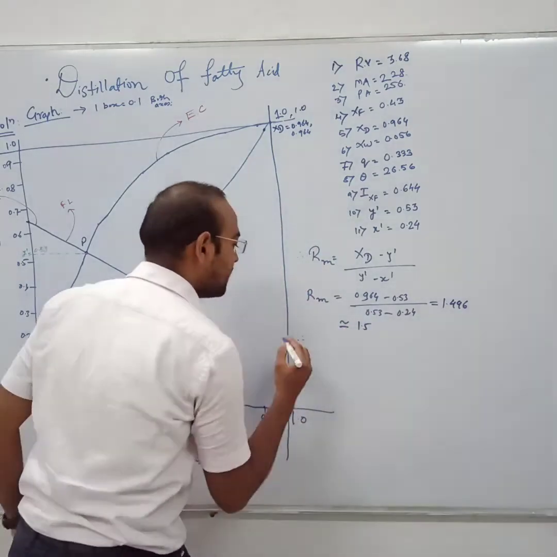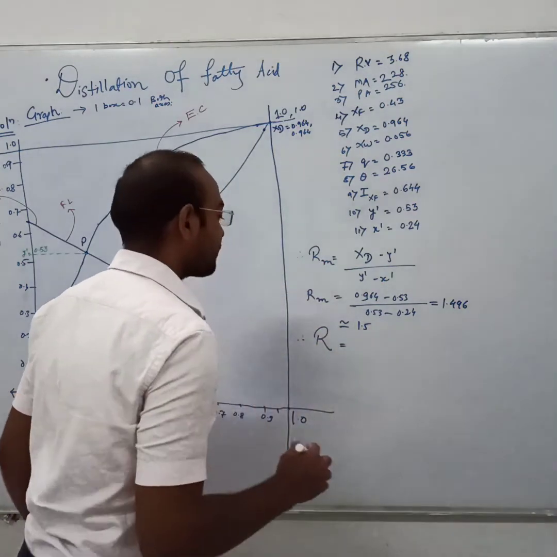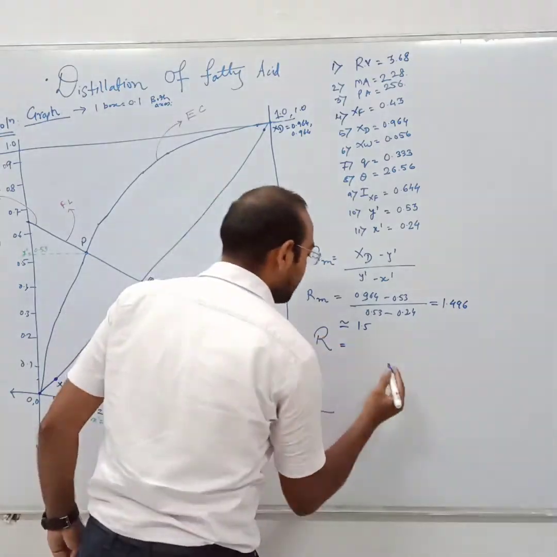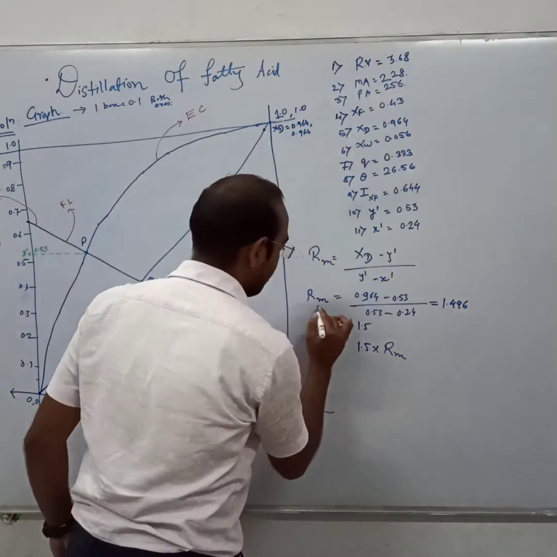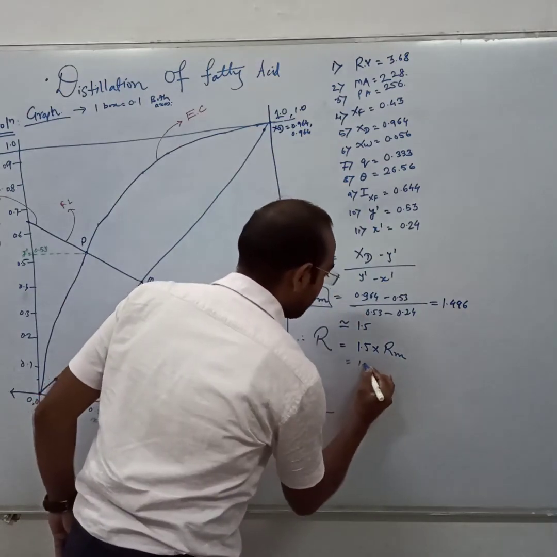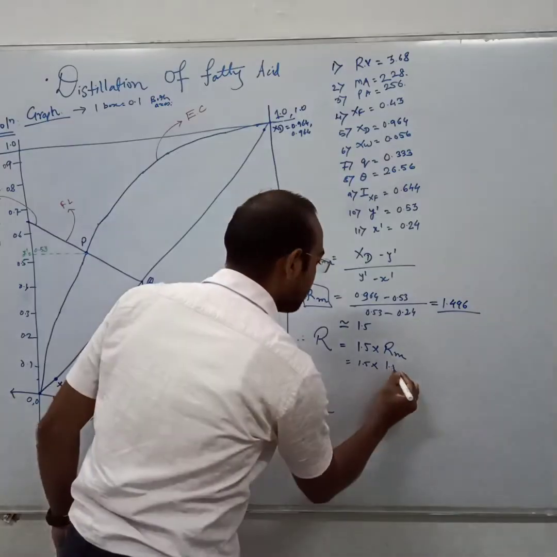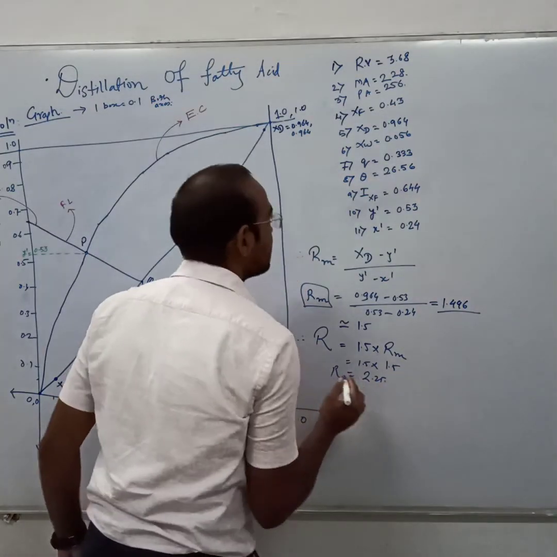And now we will calculate our operating reflux ratio. That is capital R equals, according to the condition of your numerical, 1.5 times your minimum reflux ratio, that is Rm. So 1.5 into, we can consider 1.496 equals 1.5, and we are getting 2.25 as your operating reflux ratio.